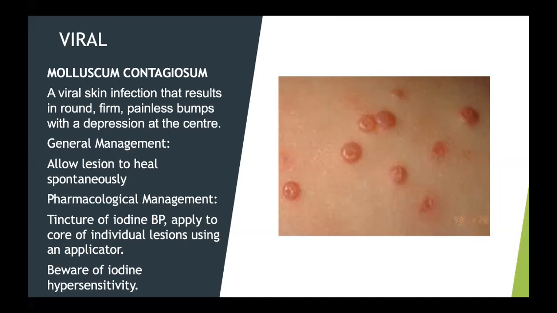So you apply it to the core of individual lesions using an applicator. As we see, these lesions have these depressions, so you just apply on the core of the lesion. And we should be very aware of iodine sensitivity with the use of the iodine BP.